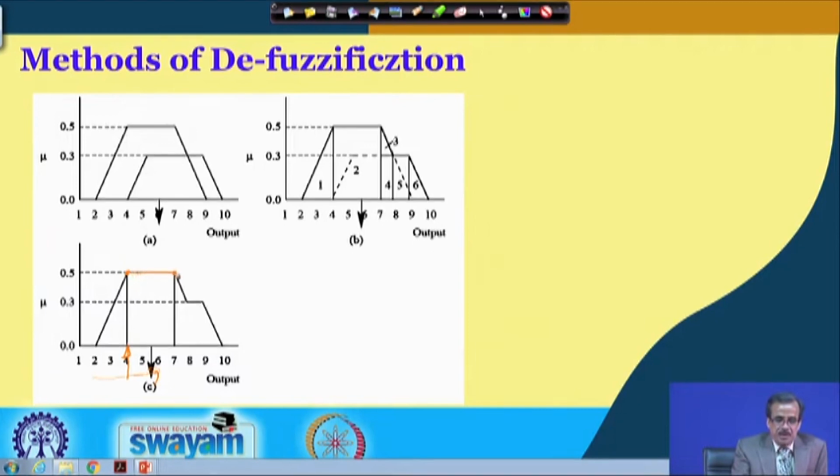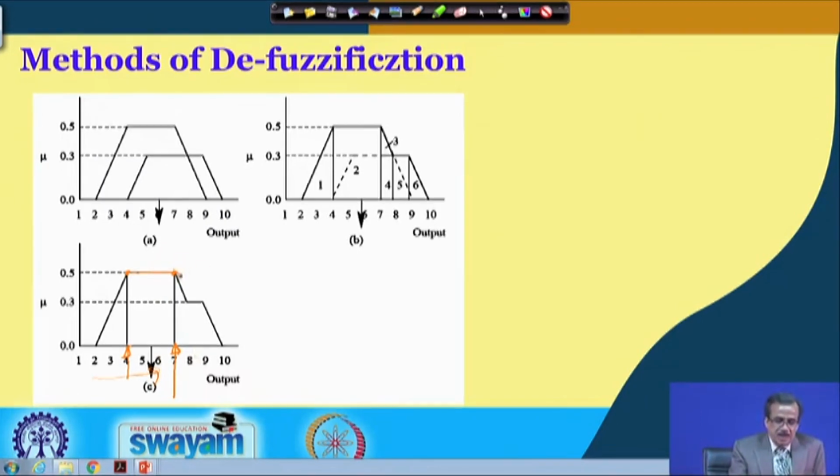So, this will remain the same up to this value of the output variable. That means, starting from here up to this, the value of mu will remain constant, and that is the maximum value of this particular range for getting the maximum value of mu, that is the membership value.